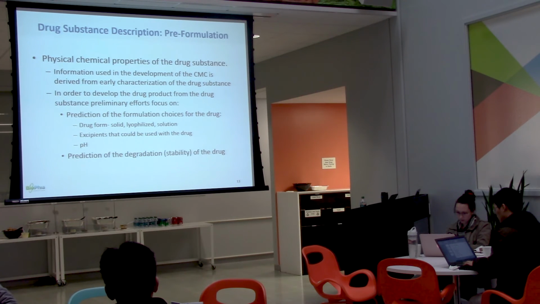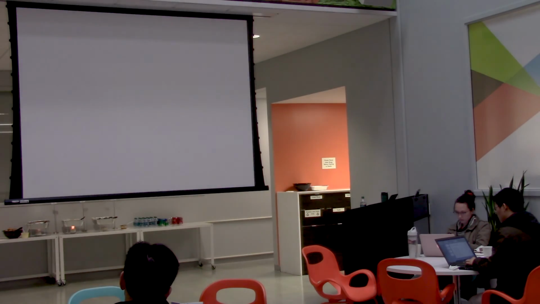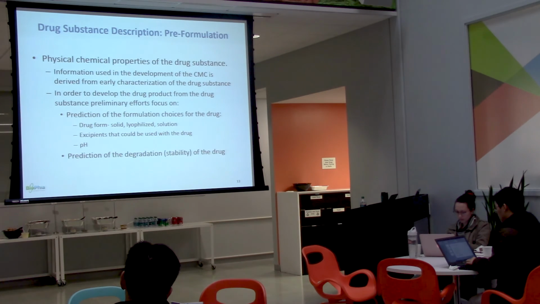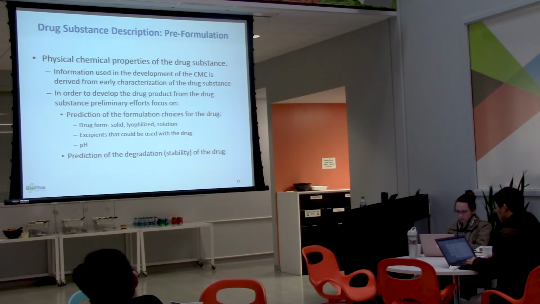Excipients, what are you going to need to put in there to maintain the stability of the drug, to maintain the pH of the drug before it's dosed to the patient? You're considering and evaluating a number of these things as you're going through your pre-formulation. Okay, next slide.